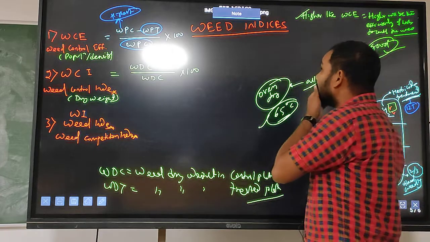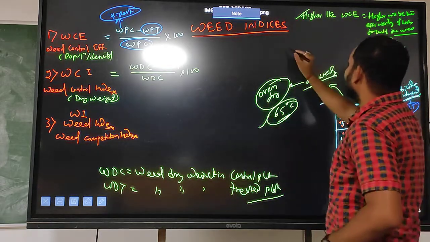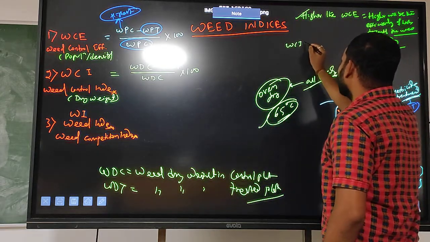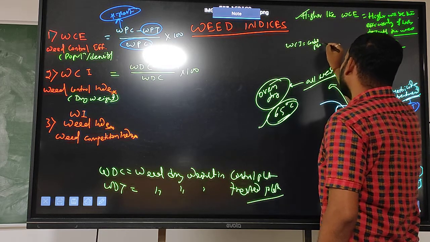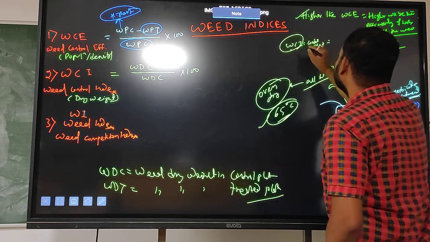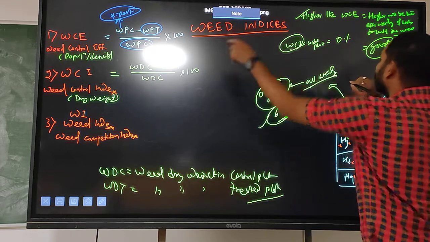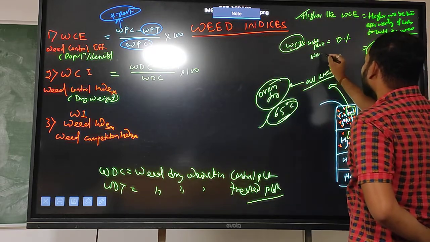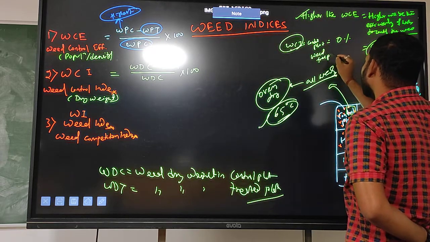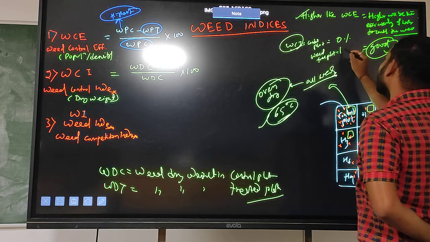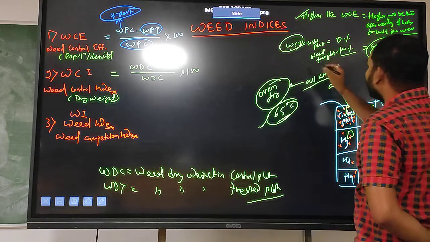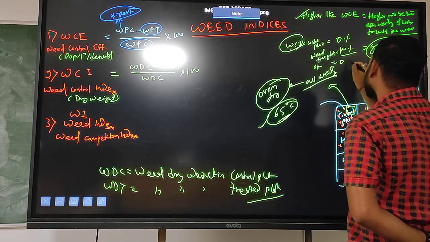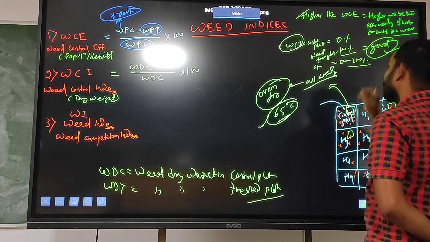For the weed control index of the control plot, it will be similar to WC. For the weed free plot, the weed control index will be 100% if it is completely weed free, and for other herbicides it will be in between 0 and 100%.